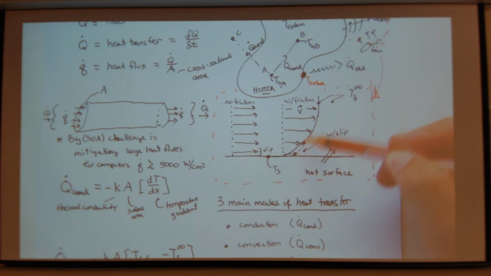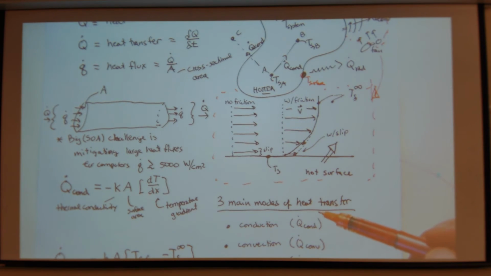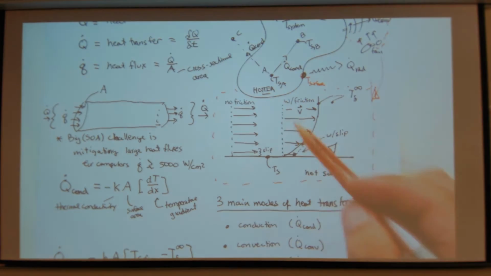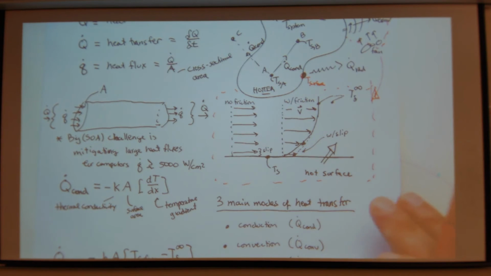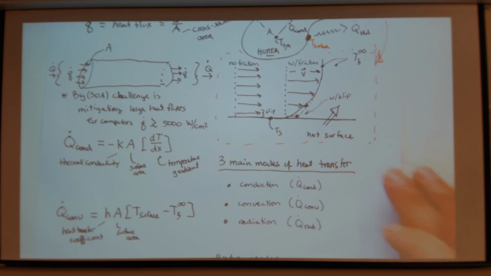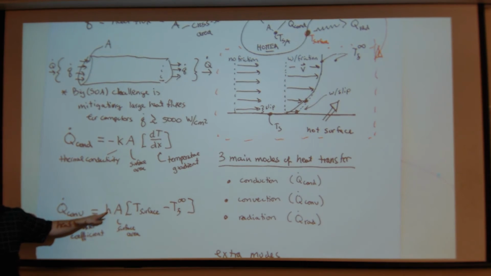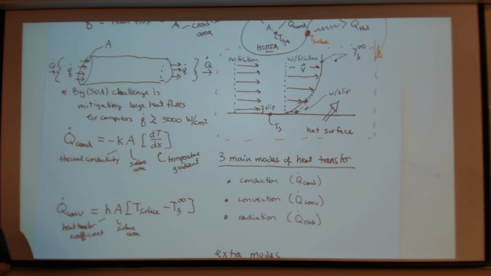So I have a velocity distribution. And I have my convection equation. So how would the heat transfer coefficient depend on air velocity?